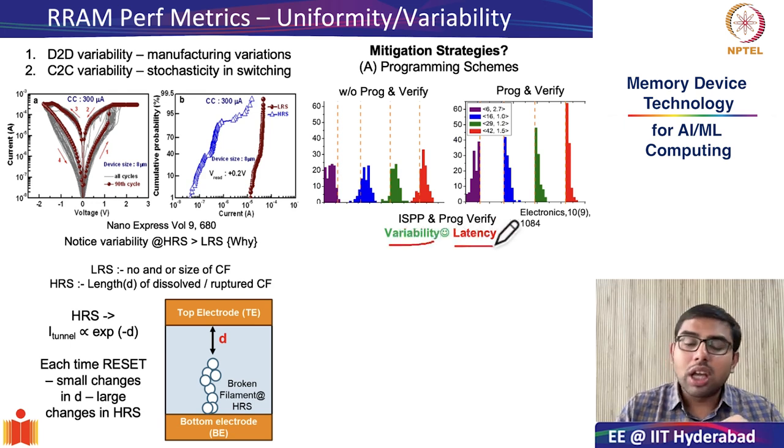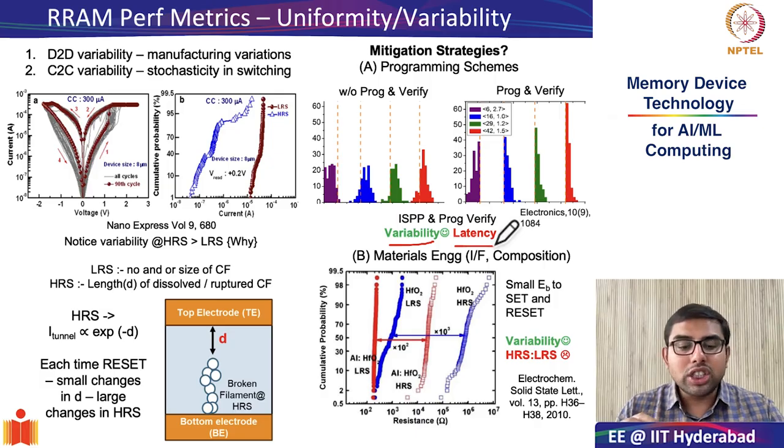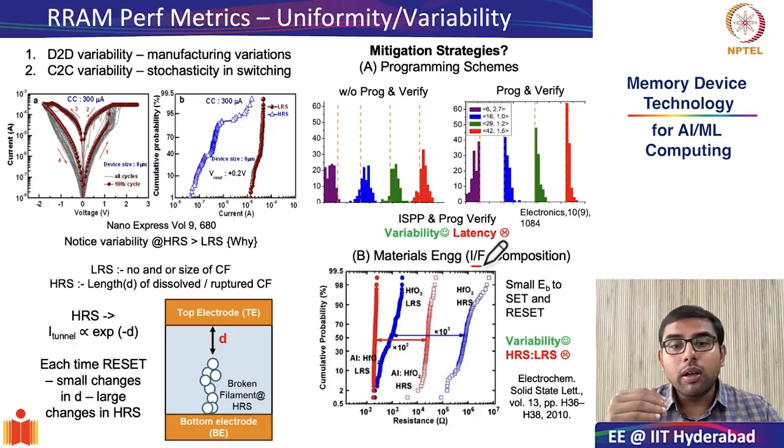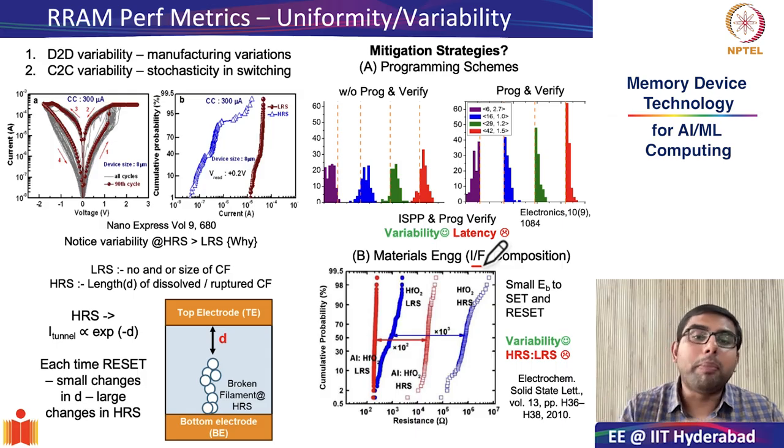The second strategy which people use to improve the variability in RRAM devices is by playing with the materials composition and also the interface between the oxide or the insulating material and the top electrode.